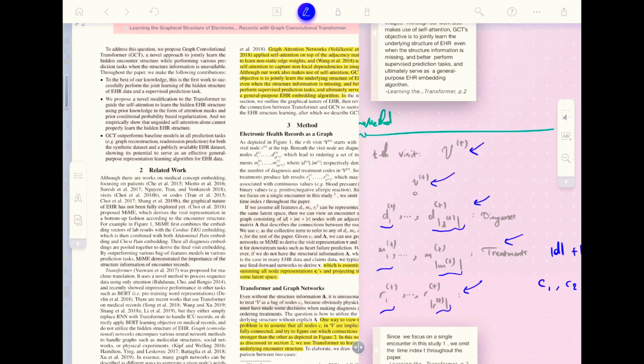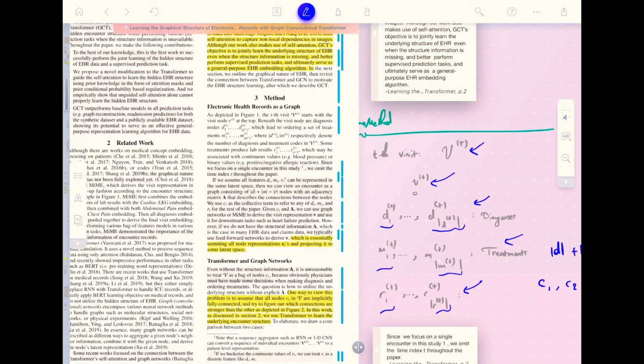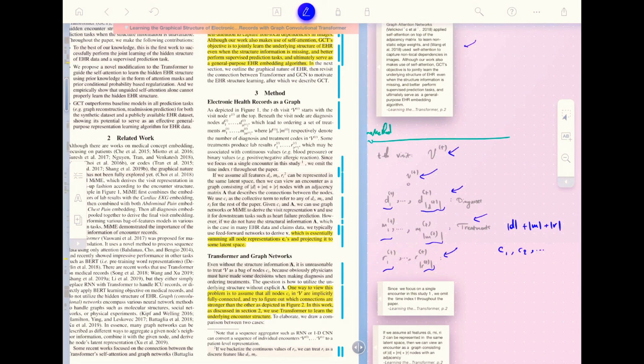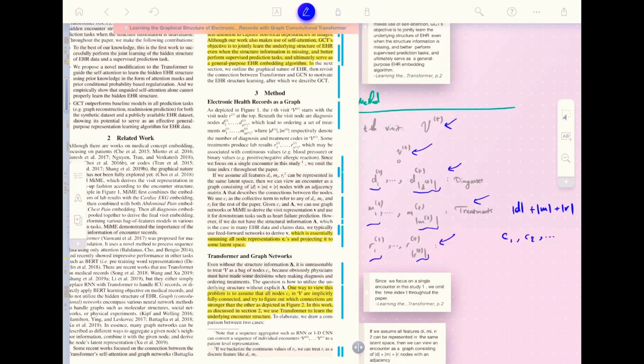Now let's go over the methodology. They try to represent electronic health records as graphs. So that's the model for representing these. For each visit, they have these nodes, and these nodes are going to be the visit node, and a set of nodes corresponding to diagnosis, treatments, and lab readings.